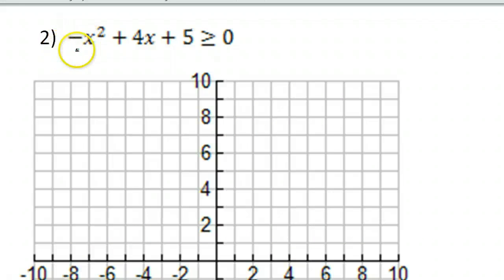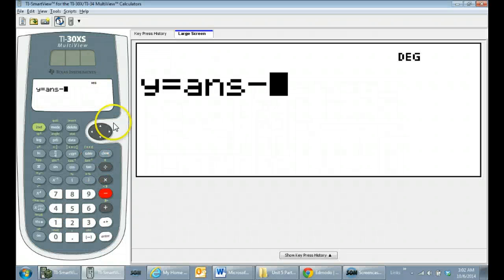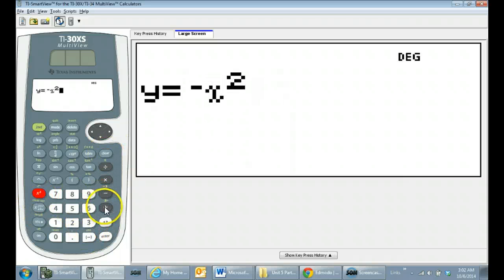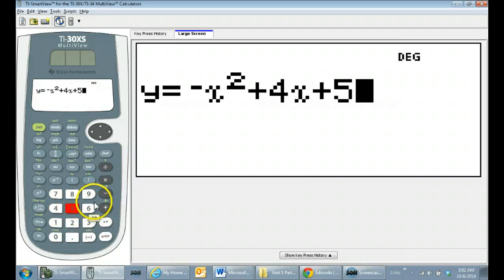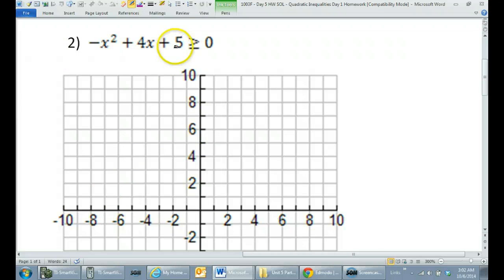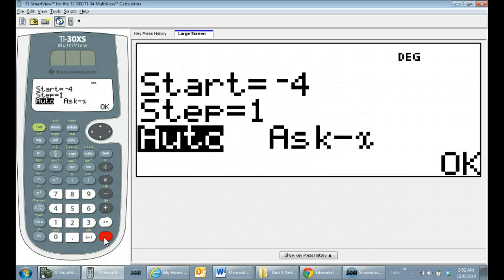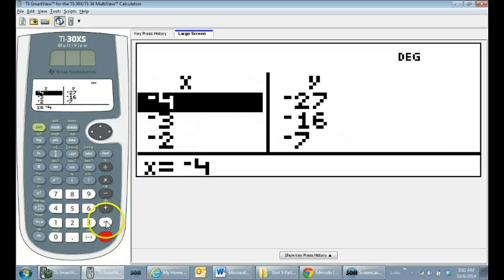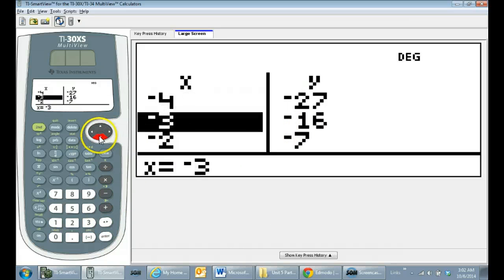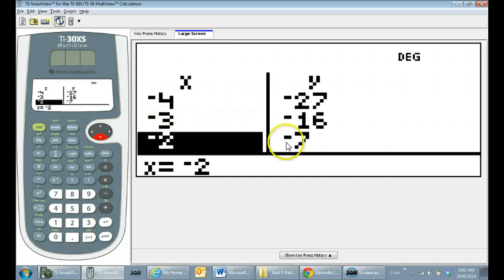Alright, number 2, let's go ahead and graph this function. Alright, I think that's right. Negative x squared plus 4x plus 5. Yep, let's take a look. Alright, so the first point that seems to fit here is negative 2, negative 7.